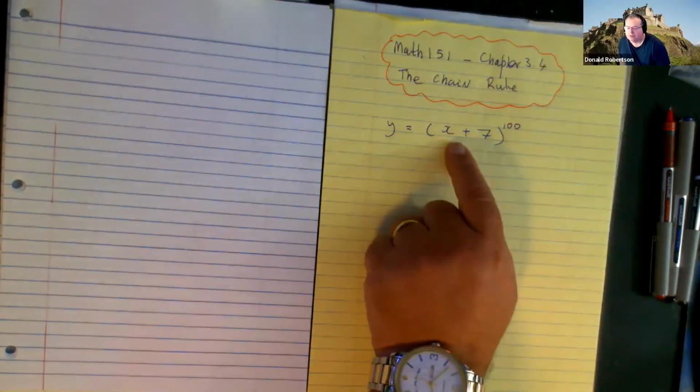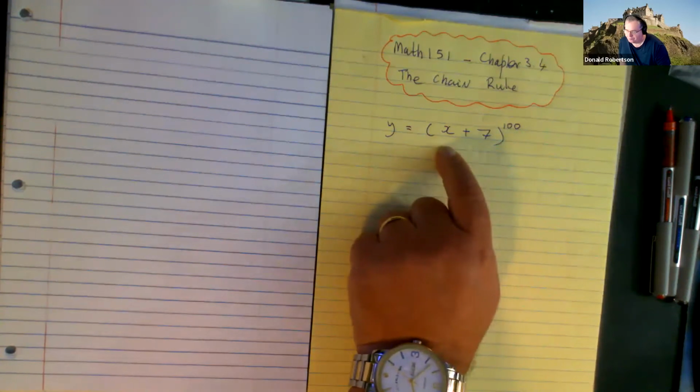So you can imagine mathematicians looking at this function and saying, what the heck am I going to do? How am I going to differentiate this without spending the next 2 weeks doing some really big, ugly, messy math? And from that motivation, they came up with a rule that allows us to find a shortcut to doing this.